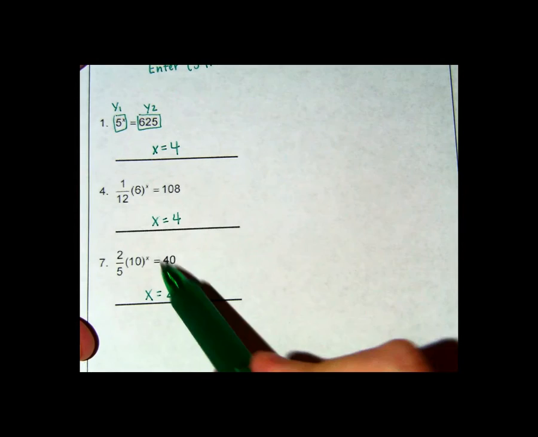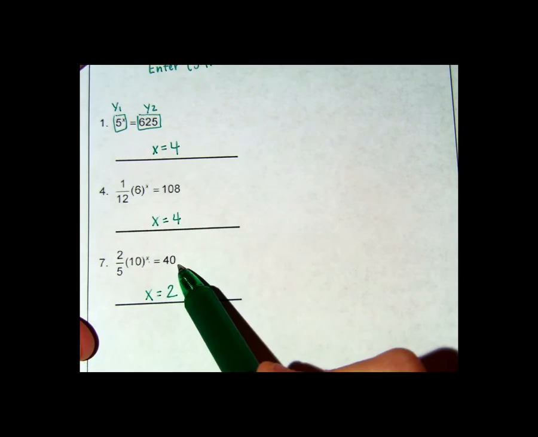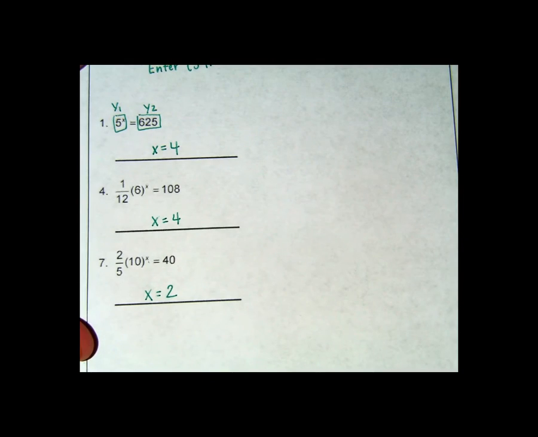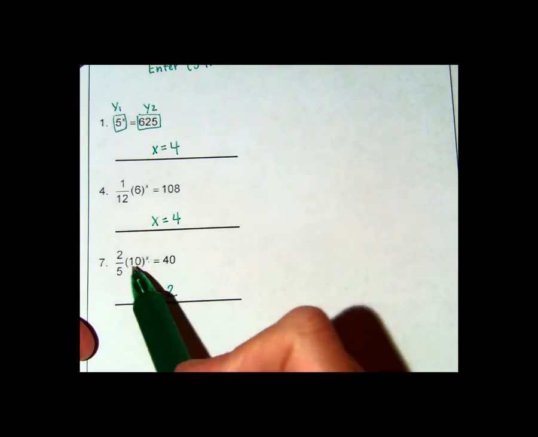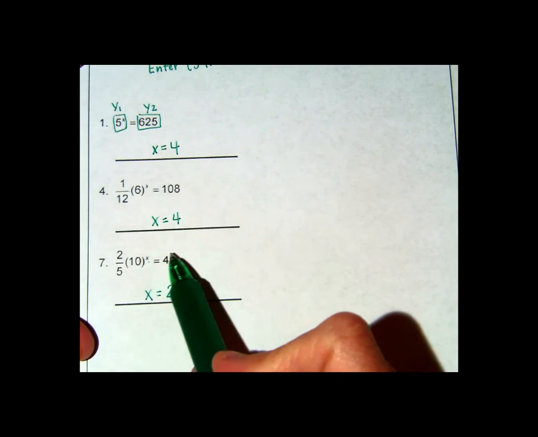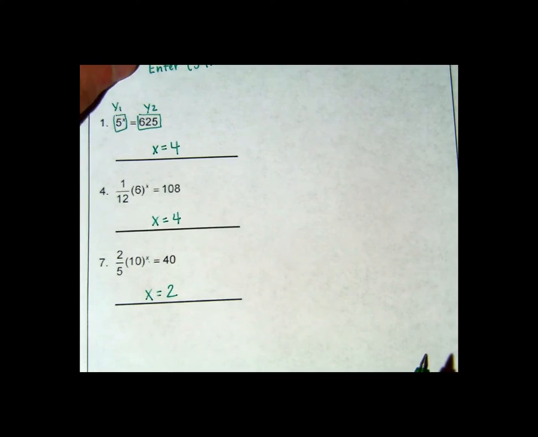To check them, you can plug in 2 right here and make sure you get 40. You can also look at them and see what number you think you're going to need. It's easier to determine what number you think you're going to need by moving this over. Let's look at the next side.